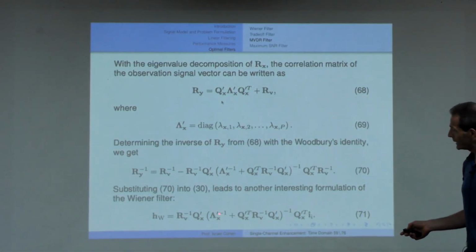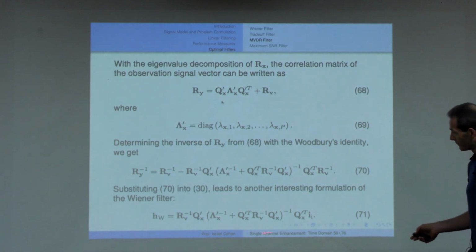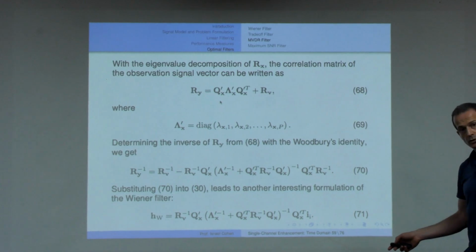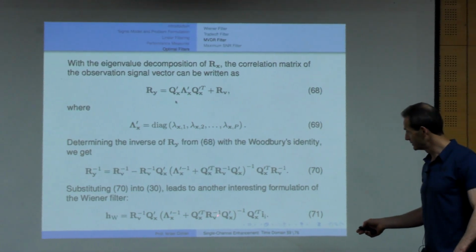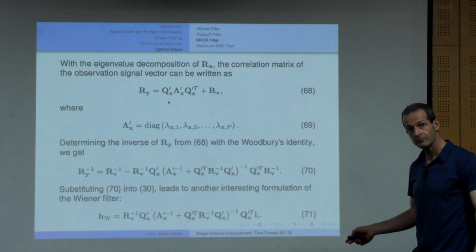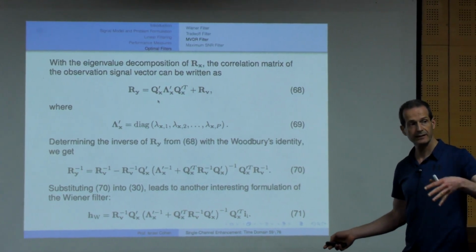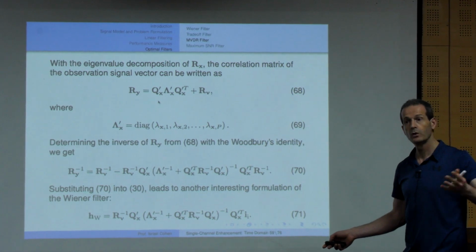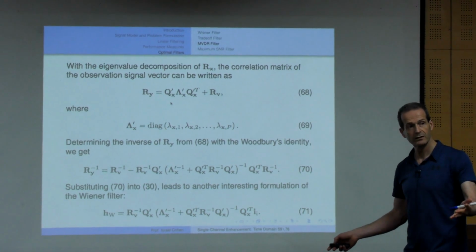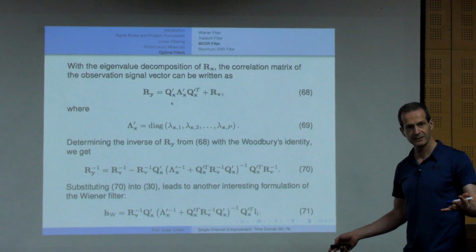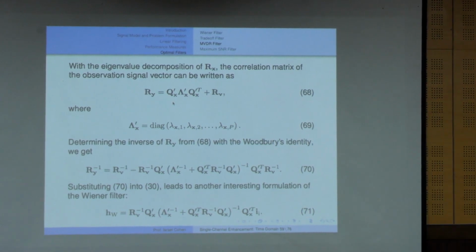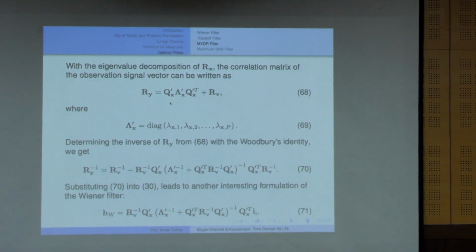Here we add this matrix, and because of that, application of the Wiener filter to the vectors in Qx prime will not reproduce these vectors. We will distort. It will be lower, so it will reduce the signal. We will not get the original signal in this part.